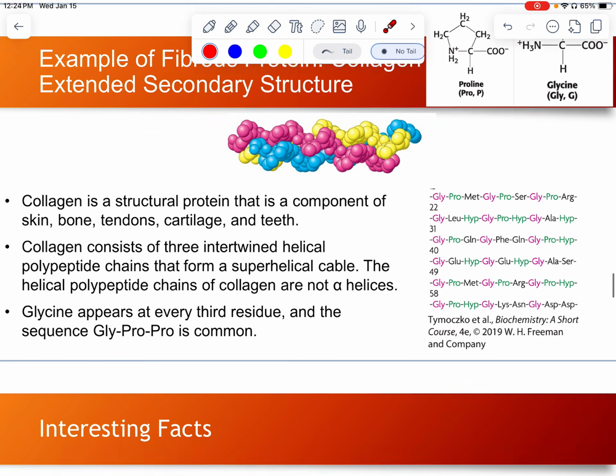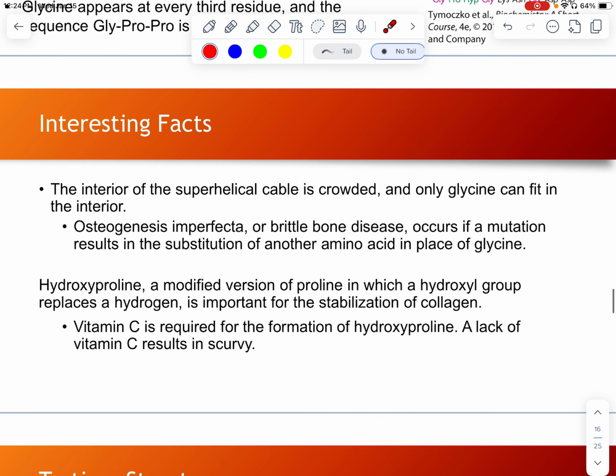I like talking about collagen because let's talk about a couple interesting facts here. So we said you really need glycine for that. Osteogenesis imperfecta, or brittle bone disease, occurs if you have a mutation that results in substitution of another amino acid. So this osteogenesis imperfecta occurs when you have a mutation that has something besides glycine in a spot where there should be glycine.